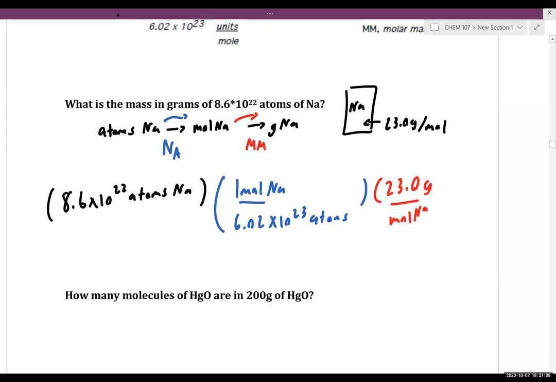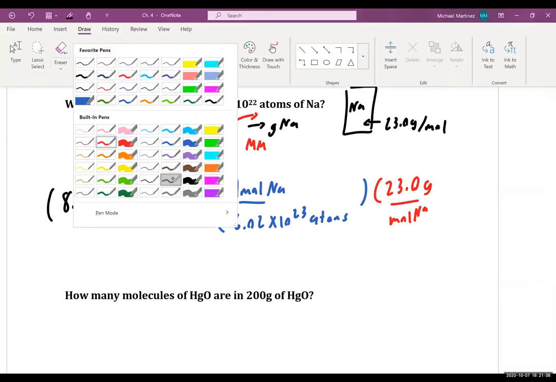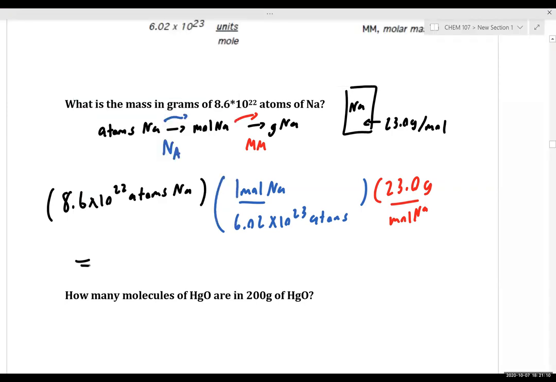Now, punching this into our calculator gives us 3.3 grams of sodium.